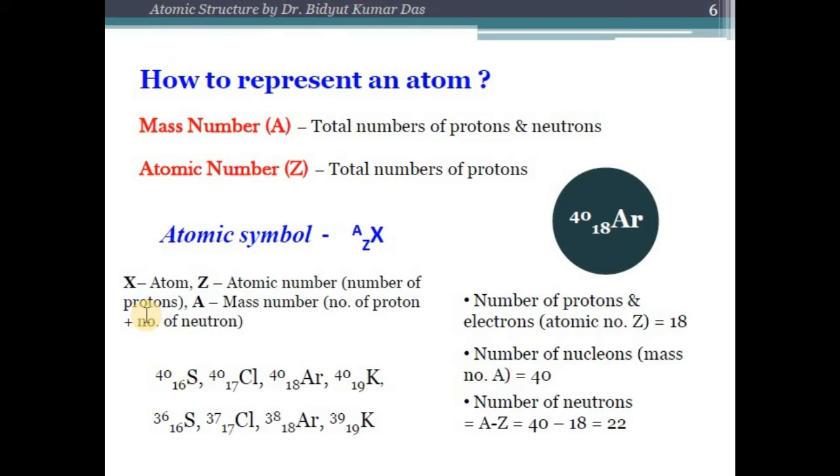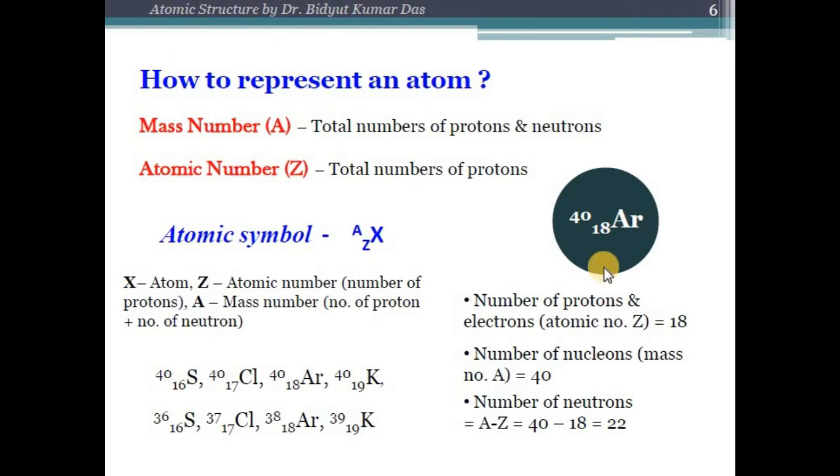For example, for sulfur, the atomic number is 16, whereas the mass number is 14. For chlorine, the mass number is 40, whereas the atomic number is 17.